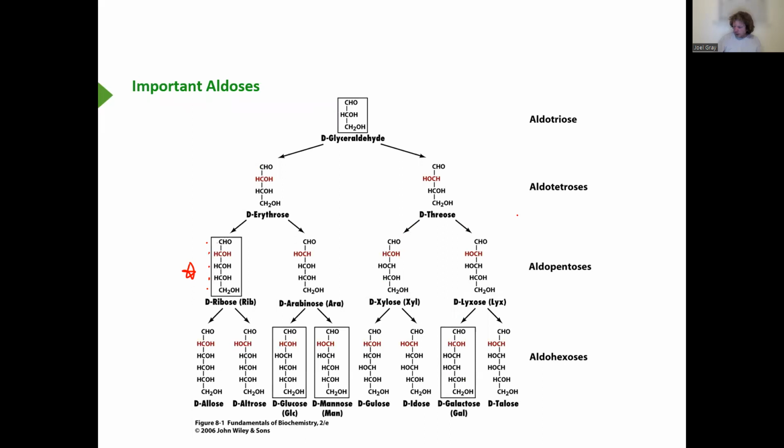Looking at glucose versus allose, what's the singular difference? If you know the structure of glucose, you'll be able to recognize that carbon number 3 is the only difference between glucose and allose. There is a variation about carbon number 3. Therefore, this sugar is a C3 epimer of glucose.